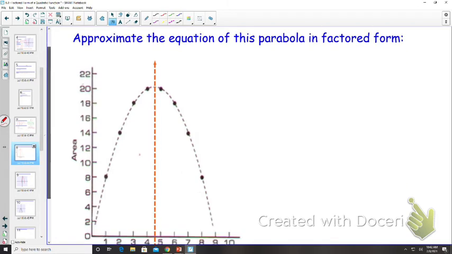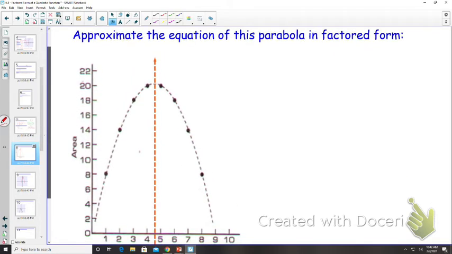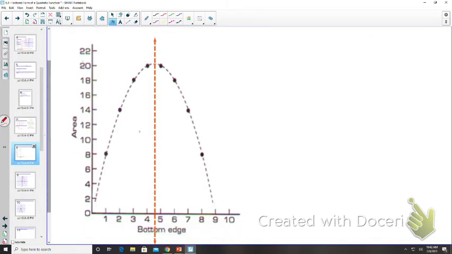Okay, so approximate the equation of this parabola in factored form, okay? So we'll do this one together, and then next one you guys will do on your own, okay? So approximate, okay? So we're just going to use our brains to make a logical assumption about what is going on here, okay?